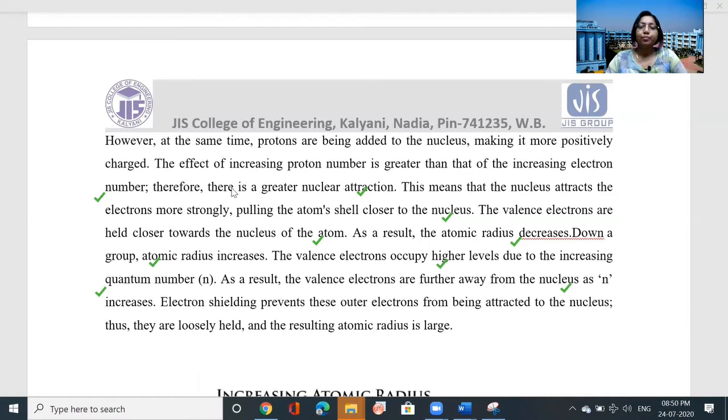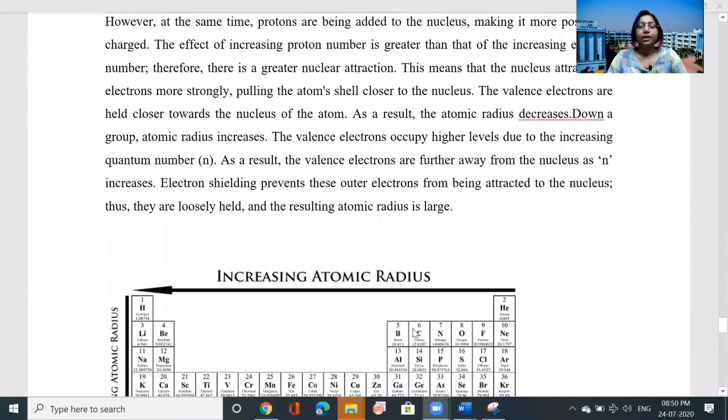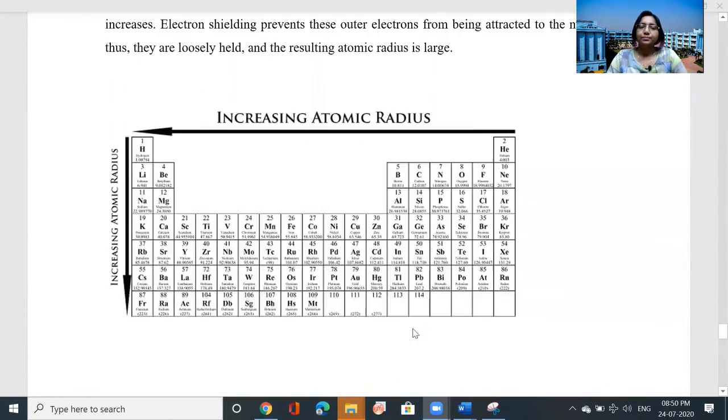Electron shielding prevents these outer electrons from being attracted to the nucleus, thus they are loosely held and the resulting atomic radius is large. So you have understood the trend, how, as per the periodic table, the radius increases or decreases. And the shielding I will describe later.